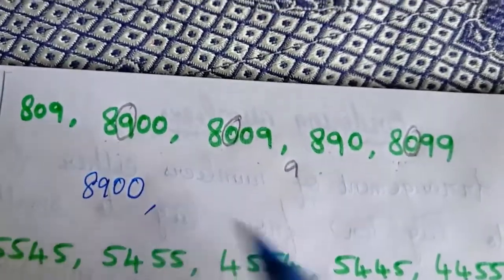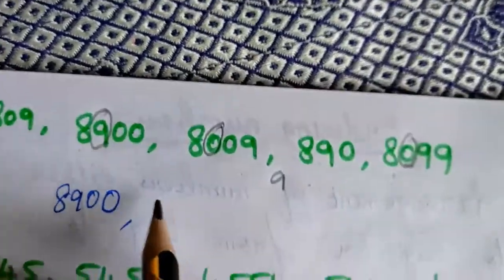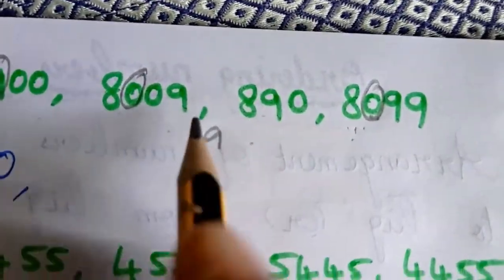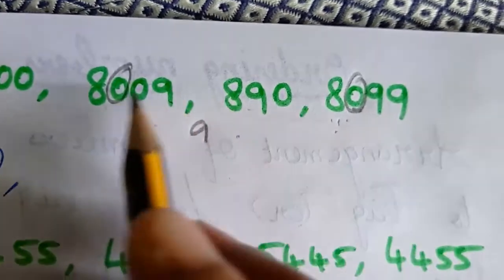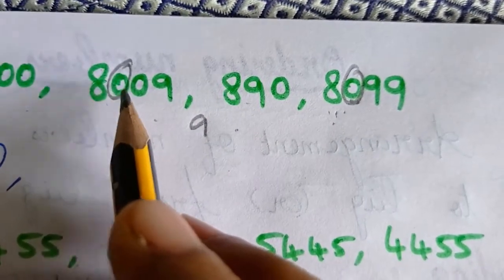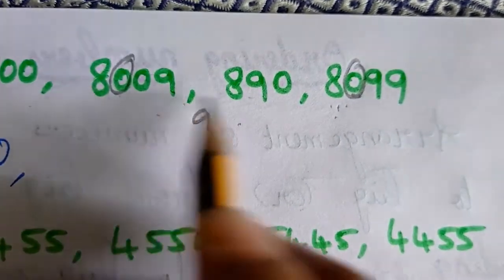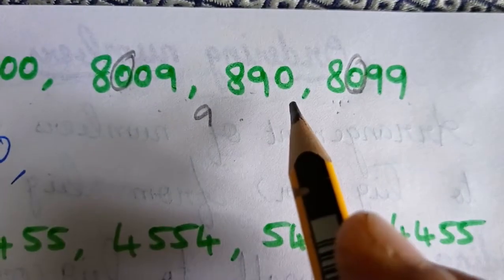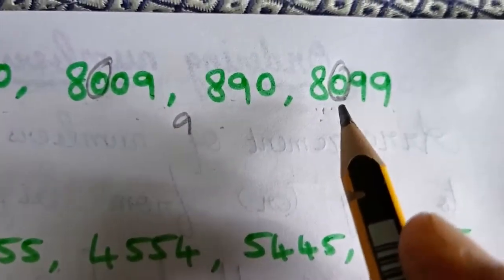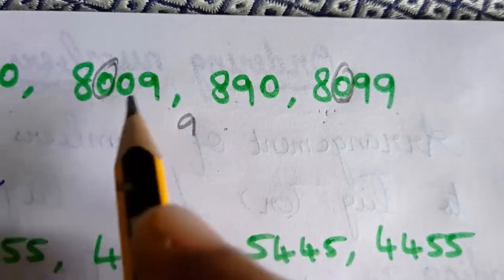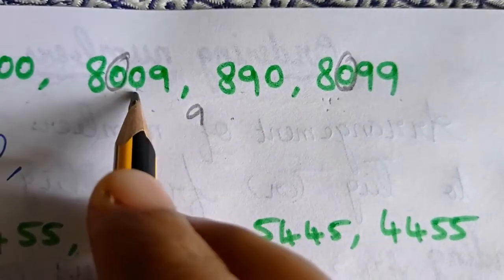Okay, next you have to find the next number. Okay, so here we already found the 100 place value for this number is 0 and this number is also 0. Both are the same. So what do you want to do next? Check their tens place value.